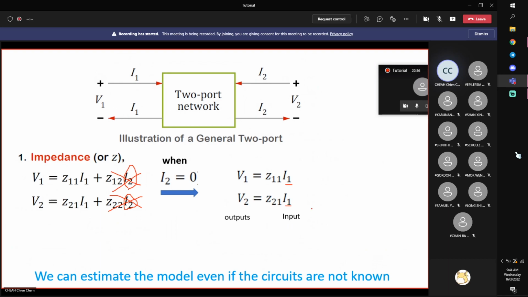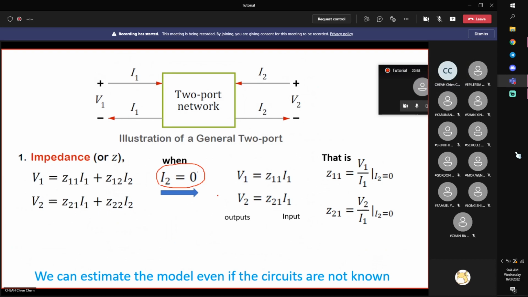Then you have a simpler model, which only has Z11, Z21. So if V1, V2 are known, and I1 is also known, then obviously you can calculate Z11 and Z21. This means you should set the experimental conditions to impose I2 equal to 0, so as to calculate Z11 and Z21 by knowing V1, I1 and V2, I1.